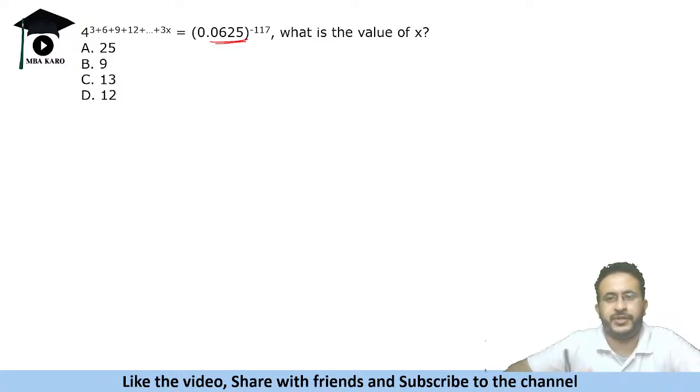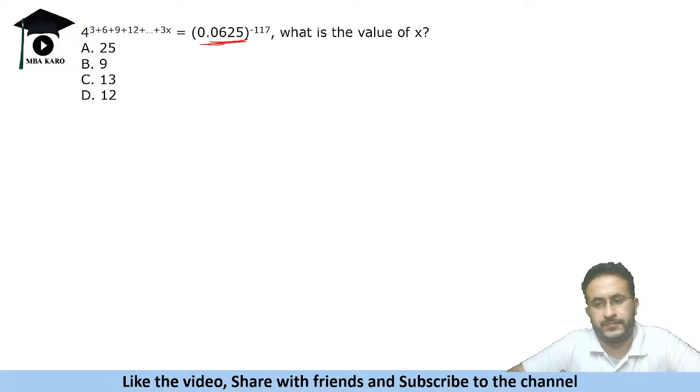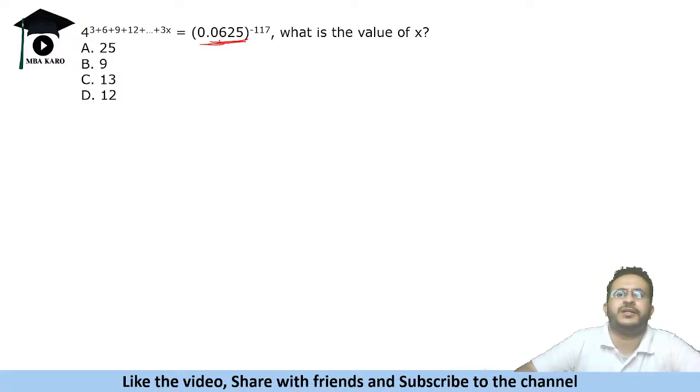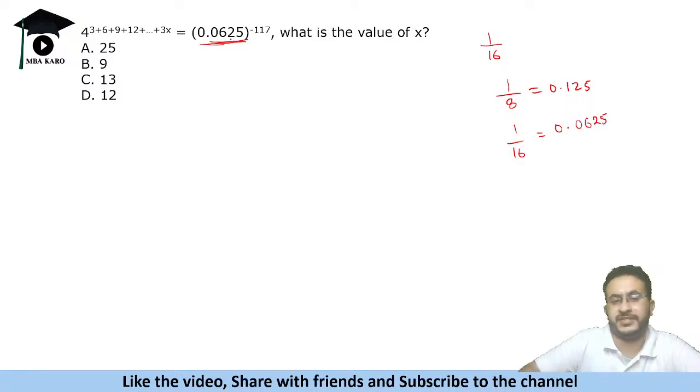Anything which you can relate to it? 0.0625 कोई फ्रैक्शन सोच में आ रहा है? 0.0625 देख के, 25 का स्क्वायर, बेसिकली ये है 1/16. ठीक है, 1/8 तो पता होगा 0.125. इसको भी हाफ कर लोगे, 1/16 कर लोगे, दैट इज 0.0625. So this is 1/16.